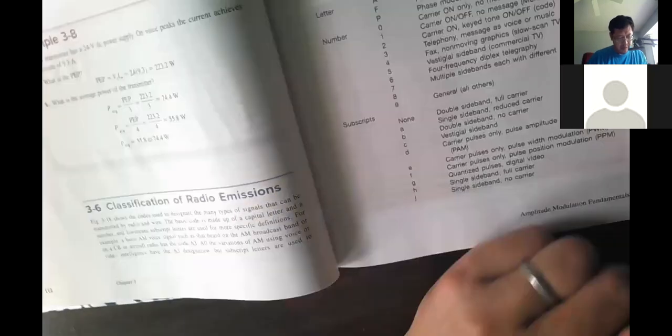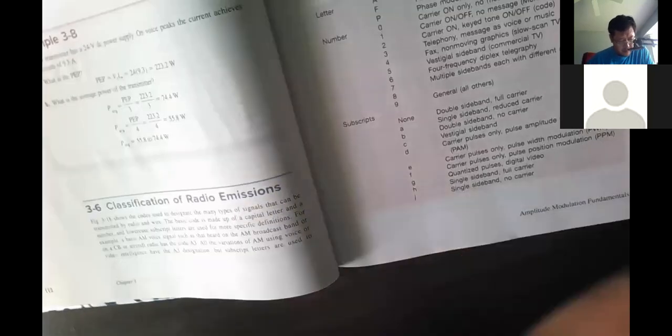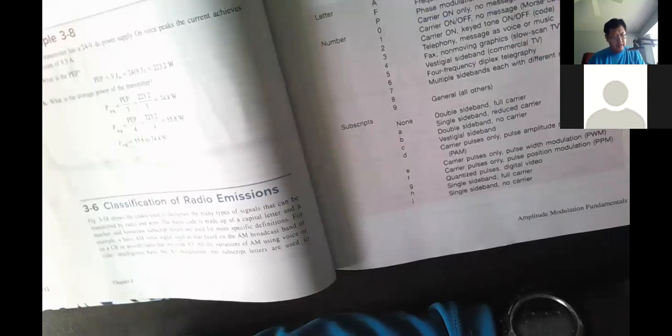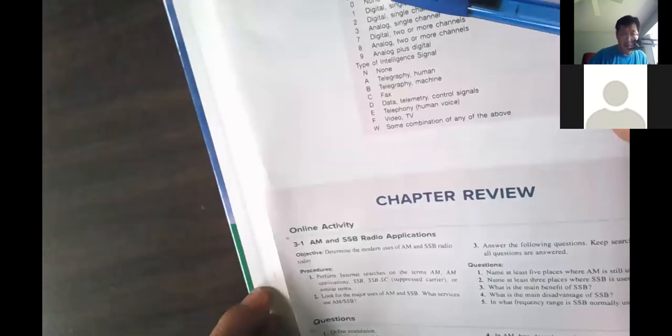So A3F. Another example will be J3E. It's SSB voice, so J3E. J is single sideband. That's a different standard designation.